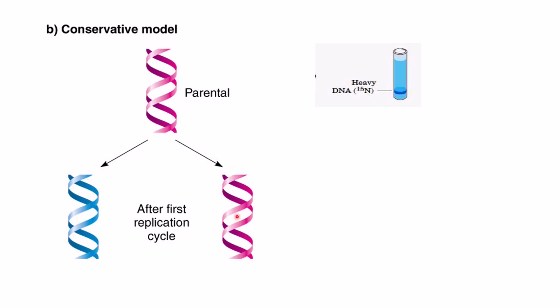One daughter duplex is completely conserved and it is made up of the old DNA, that is the heavy DNA, and the other duplex is completely newly made DNA, which is made up of the N14 DNA. These DNA molecules after density gradient centrifugation should be giving you two distinct bands. One band which coincides with the heavy isotope of nitrogen and the other band which coincides with that of the light DNA. Let us move on to the third model.